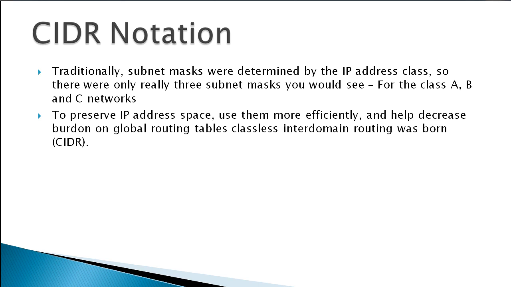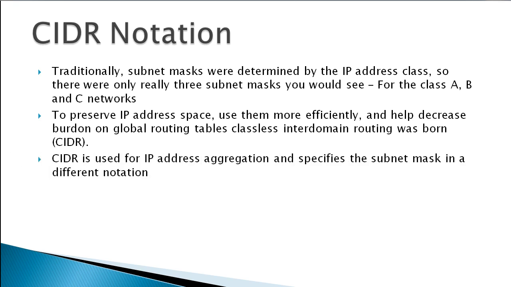The basic concept of CIDR is that it's used for aggregation, and instead of only having three different subnet masks, they pretty much said no more address classes. Now we can have whatever subnet mask we want for whatever IP address we want.